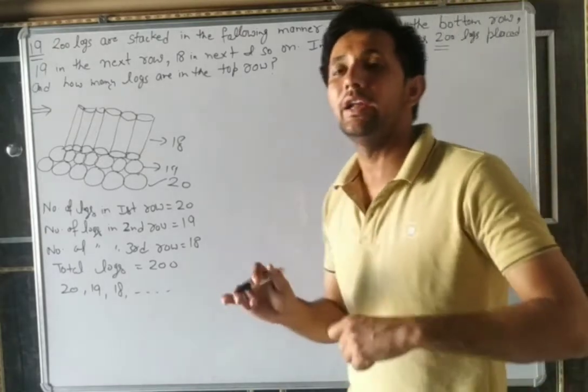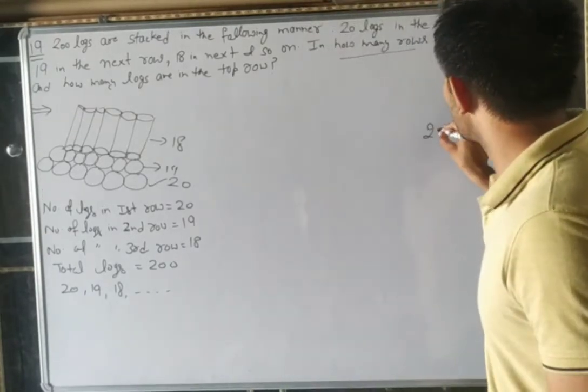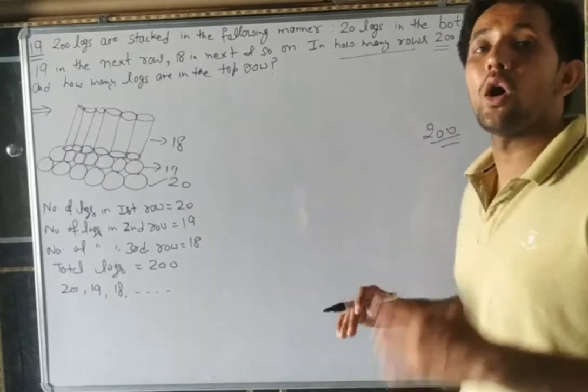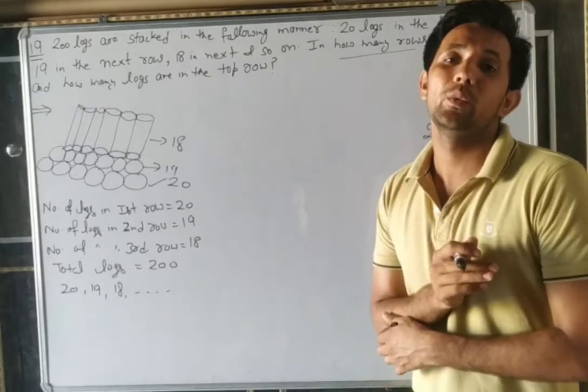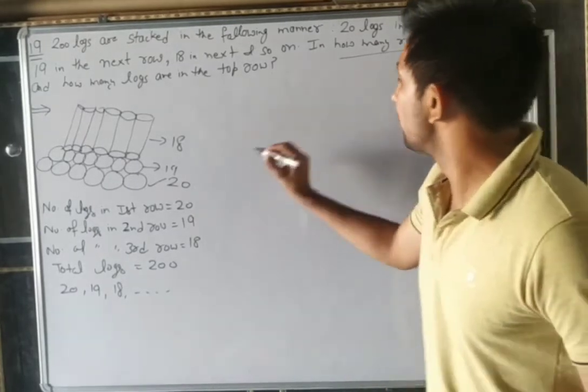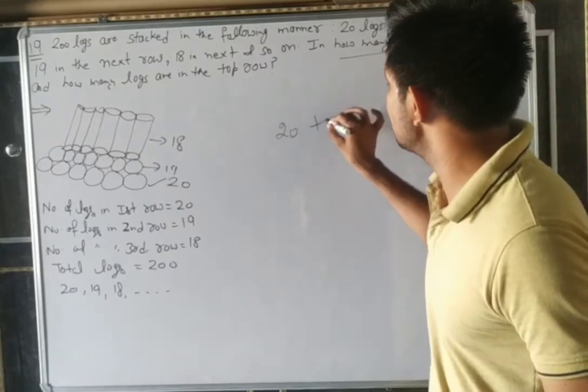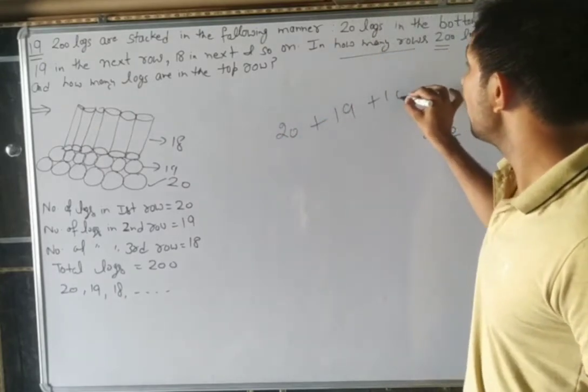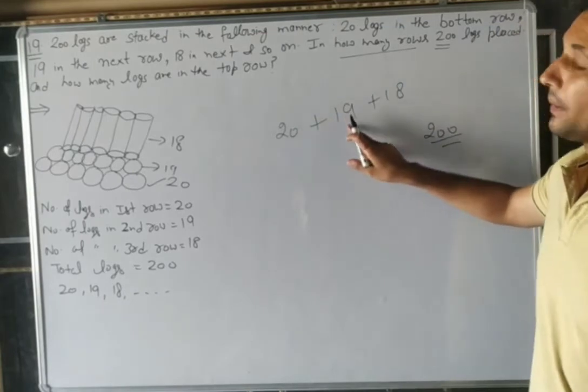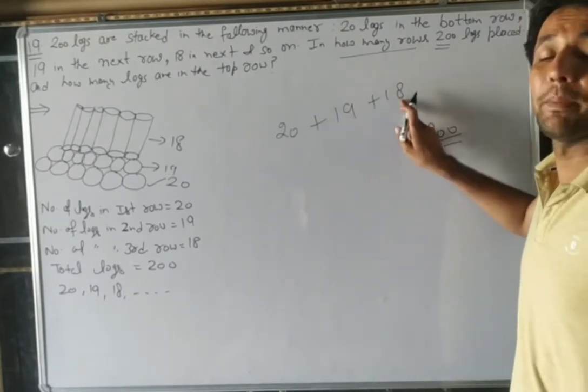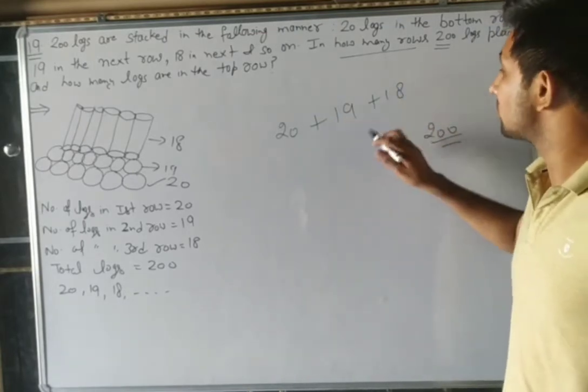We have to find, if the total is 200 logs, how many rows we have to place. In the first row is 20, next is 19, third one is 18. 20 plus 19 is 39, 39 plus 18, how much? 57.